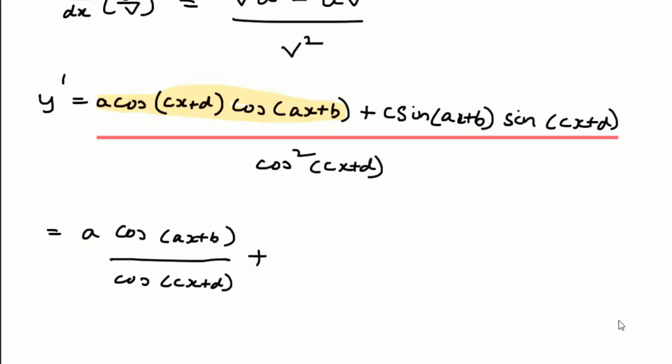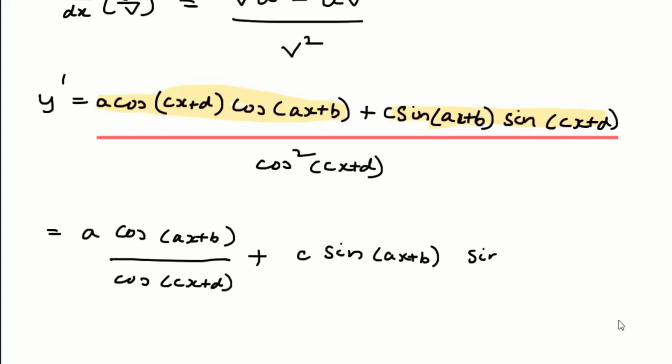Plus what is the second term? Second term is this. There is nothing like cos of cx plus d in the numerator. So how we can proceed with this is you can write as such plus c sine ax plus b. Here sin of cx plus d is there.